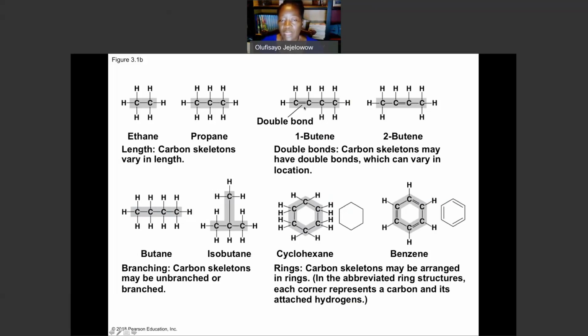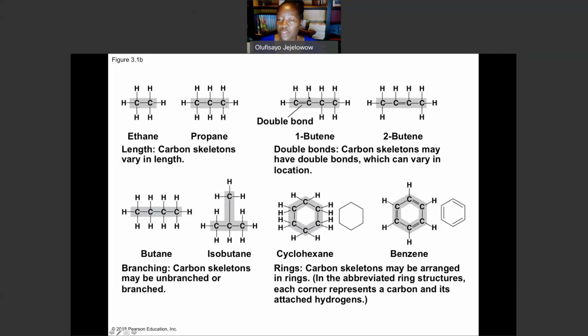When the carbon atom is not saturated with hydrogen, they can share more than a pair of electrons. They can share 2 pairs of electrons. They can even share 3 pairs of electrons. When carbon atoms share 2 pairs of electrons, which are 4 electrons, then a double bond is formed, as in 1-butene, because the double bond starts from carbon number 1.